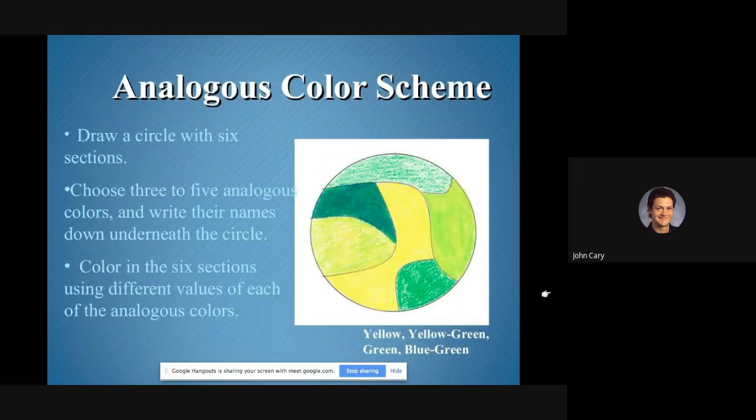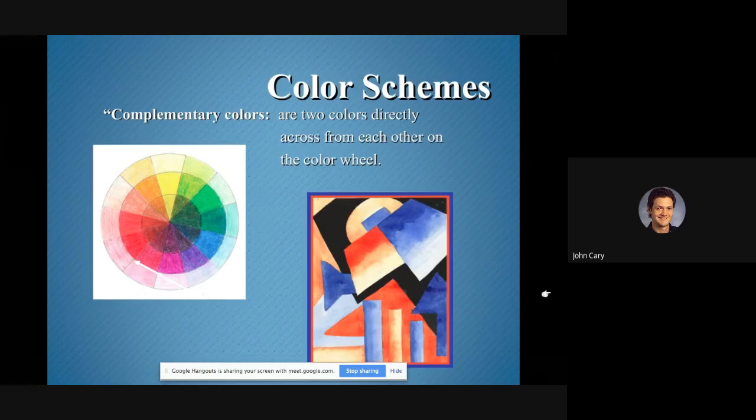Analogous colors are next to each other. Ana means beside or similar, like an analogy. An analogy is when you say, well, it's kind of like stealing candy from a child. Don't do that, though. That's mean.